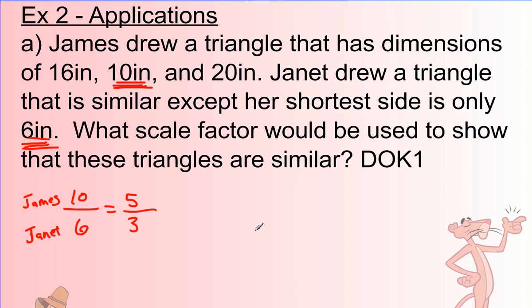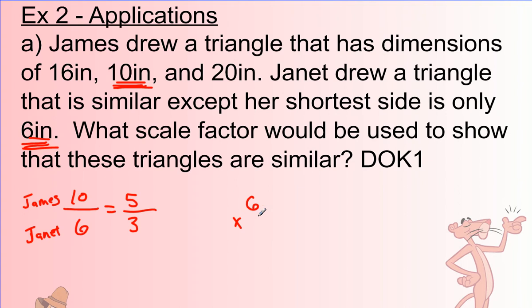So if I took all of the side lengths of James, this 16, this 10, and this 20, and if I would multiply each of them by 5/3, that would tell me how big, I'm sorry, the other way around. If I took all of Janet's sides and I multiplied it by 5/3, that would give me how big James's sides are.